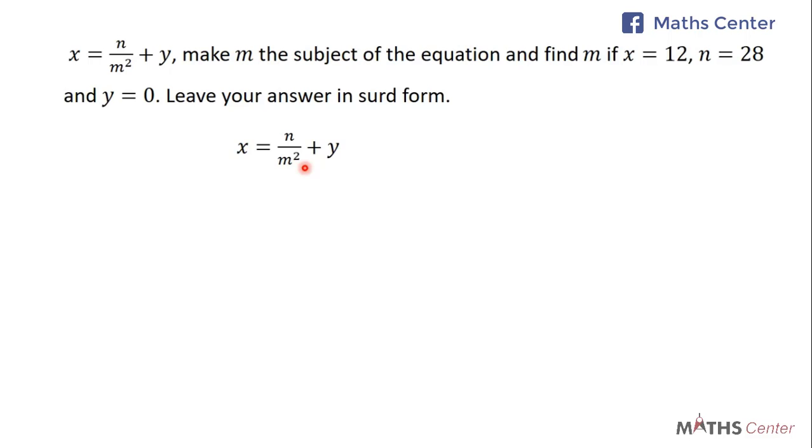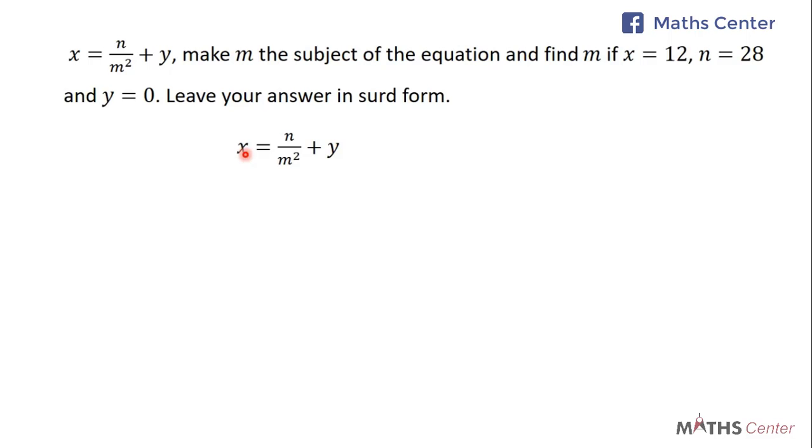We have been able to find the LCM. So the next thing we need to do is to identify the terms in the equation and multiply each term by the LCM, which is m squared. x is one term, n over m squared is another term, and y is also another term. So what do we do?